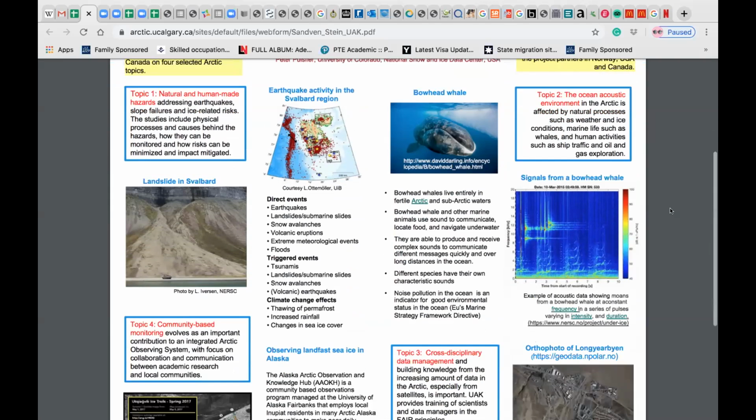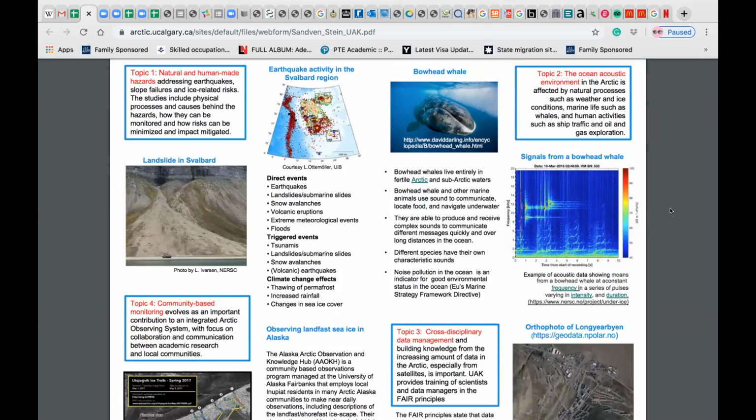This is one of the more debated topics: how can human activity generating noise really disturb marine mammals? This is a big issue in many other parts of the world, maybe not in the Arctic yet, but it can become a bigger issue in the future if there are going to be more human activities there.